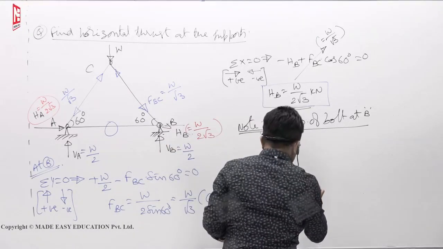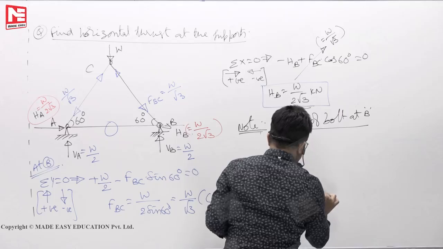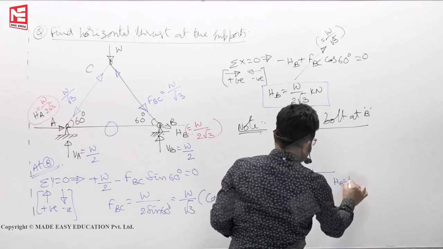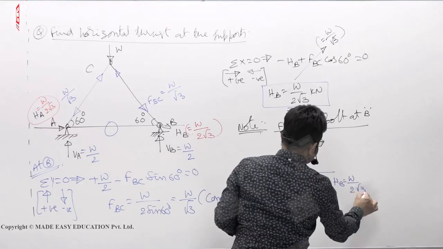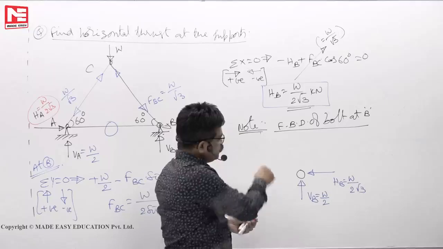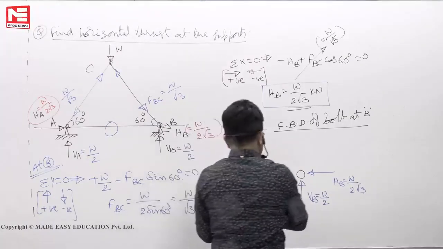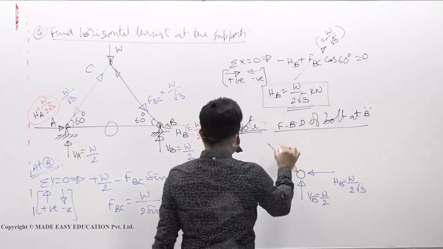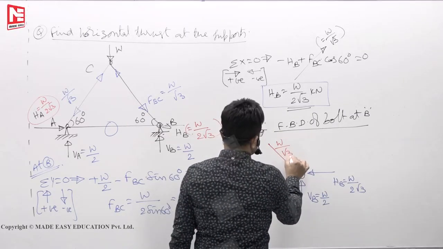On the pin, the triangular plate will exert VB, HB. This force is W by 2 root 3. This is W by 2. Then on the pin, what will the inclined member do? This is the force in member BC, W by root 3.